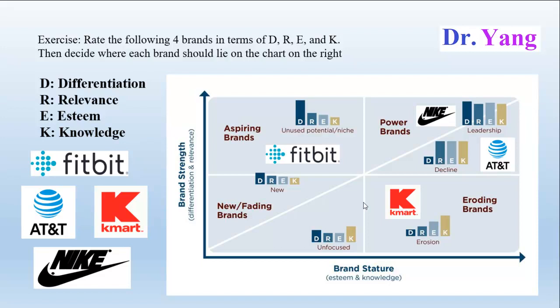So in this case, they are an eroding brand, which means they are probably losing market share. Of course, there are many other brands, like very new brands that people have never heard of. In this case, they will be lower in all of the 4 factors, which falls under new brands or fading brands.